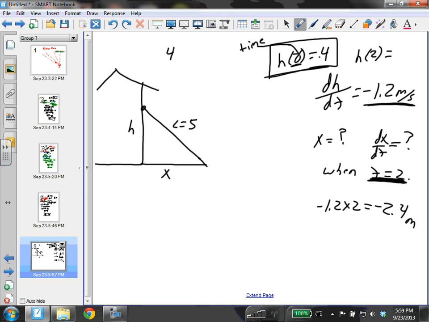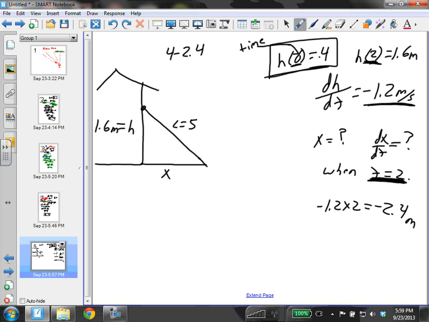So if we do 4 minus 2.4, we get that this thing is now 1.6 meters high. So the h that we actually want to use in the problem, because it's the h of 2 seconds later, is 1.6 meters.